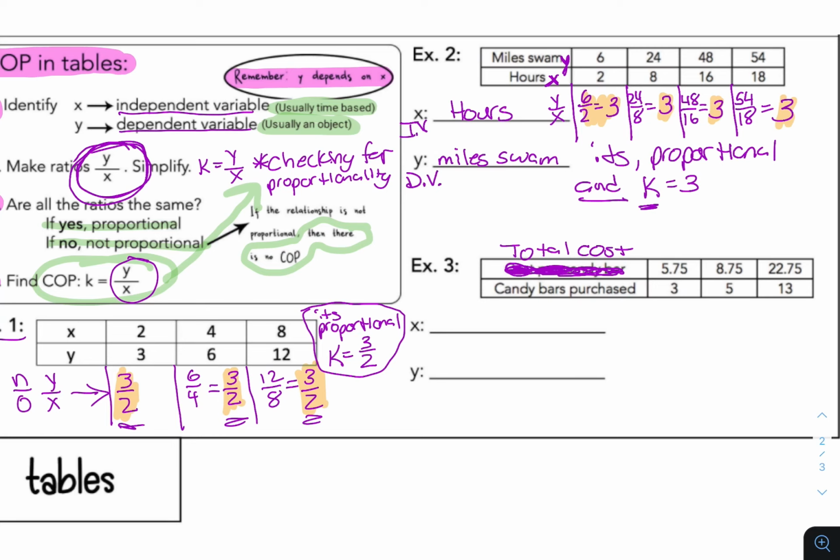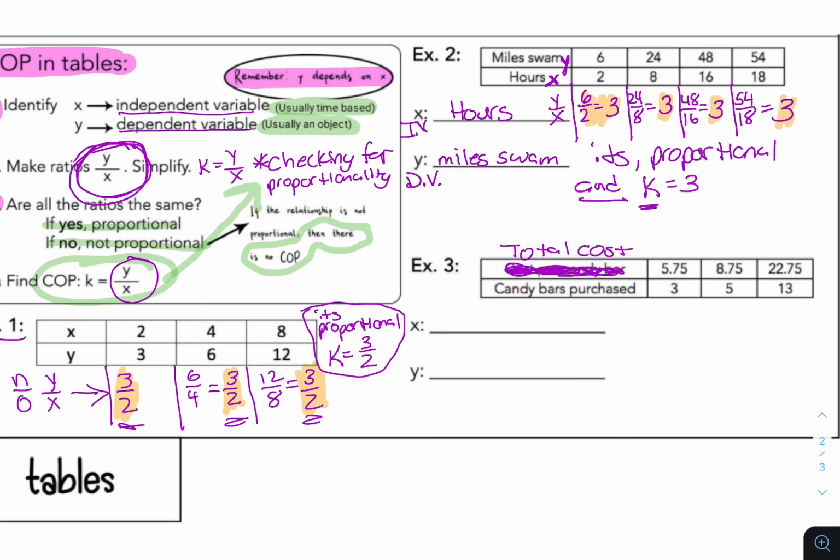Okay, so now let's talk about which one is the independent variable and which one is the dependent variable. The cost depends upon how many candy bars purchased, or how many candy bars purchased depend upon the cost. Which one sounds right? Most typically, you buy however many candy bars you want, and it costs however much those particular bars total to.